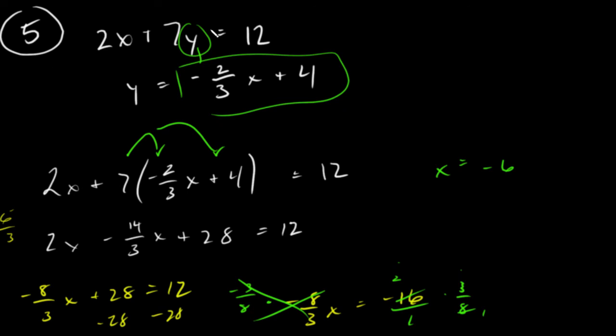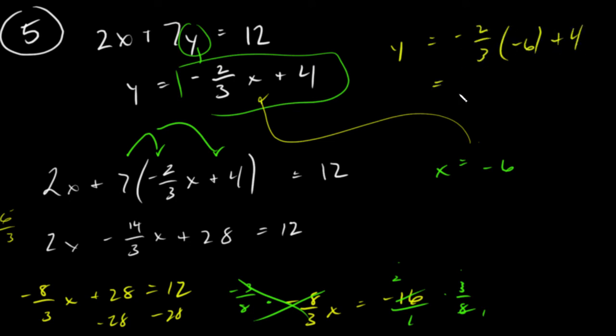And so then you plug that into here, and you get, or up here if you want. Okay, and so you get negative 6, 8.